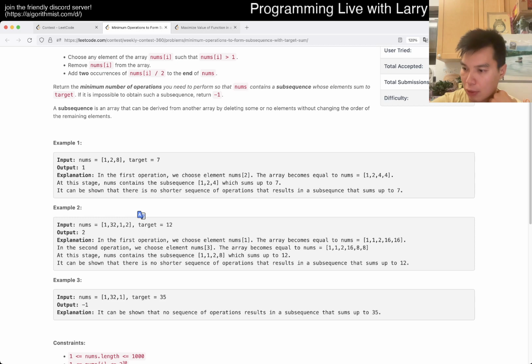So 12 is 6, 3, 2, so 4 times 3. So 8 and 4.